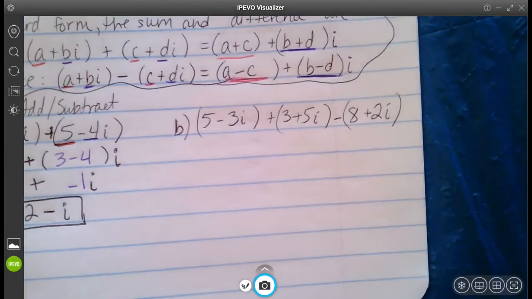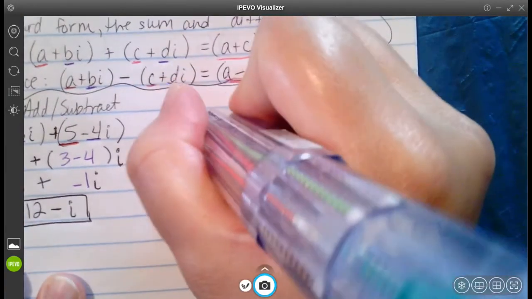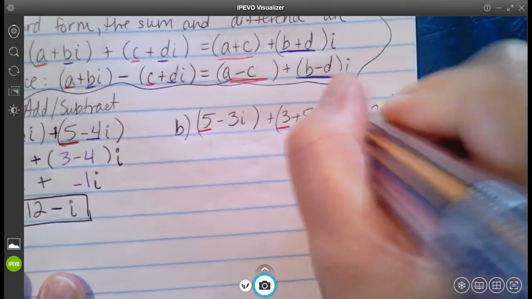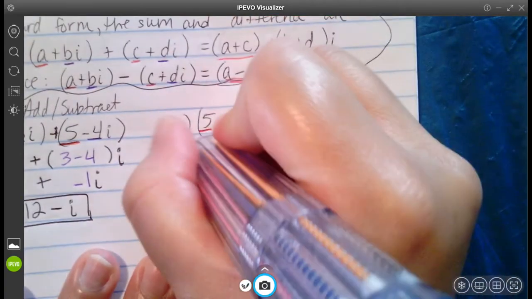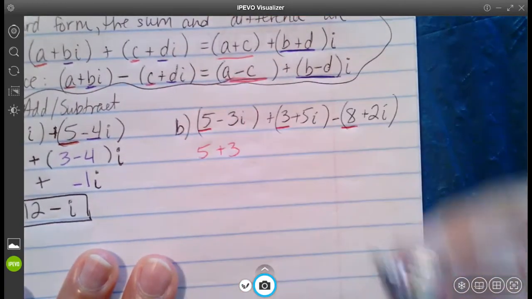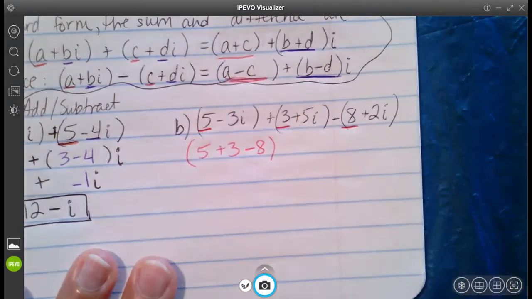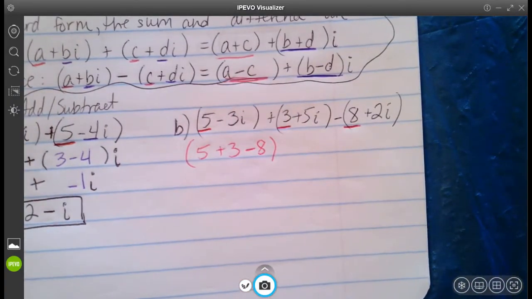Okay, so here we're doing the same thing. We're going to go ahead and combine all of our reals. So we have 5 plus 3 minus 8. Okay, so 5 plus 3 minus 8 is the real part. And then we have, let's see, oh, wrong color.